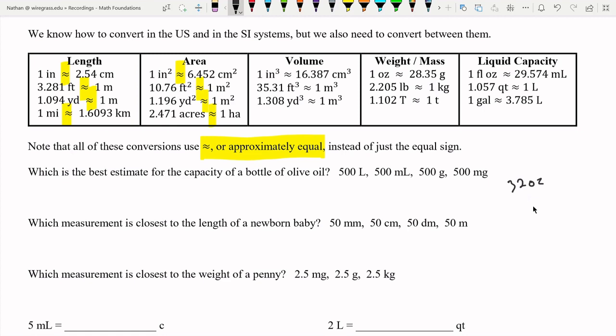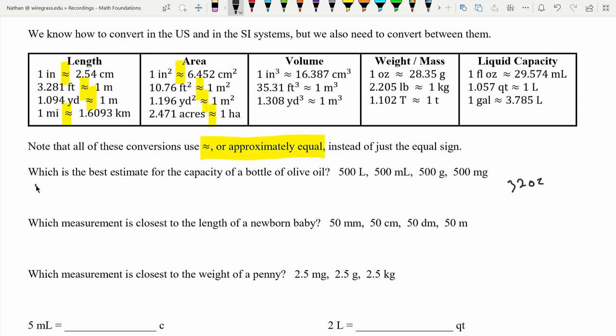Now we can convert between 32 ounces and liters by looking over here. We have 1 fluid ounce, which is 29.574. I'm just going to round this up to 30 since I'm doing approximations anyway. No reason to make it harder than it needs to be. So 1 fluid ounce is just about 30 milliliters, and we have 32 fluid ounces.